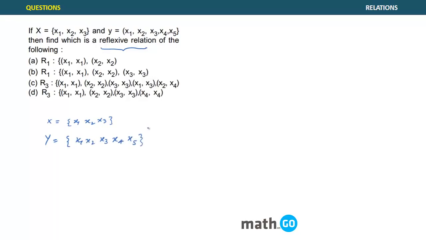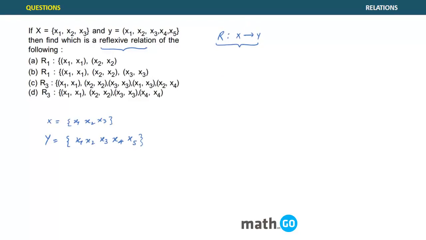Right? These are the 5 elements. Now let's say there is a relation R1. So what would be a reflexive relation? First of all, it has not been given, so let's assume that the relation is from X to Y. Then only the question will make sense.